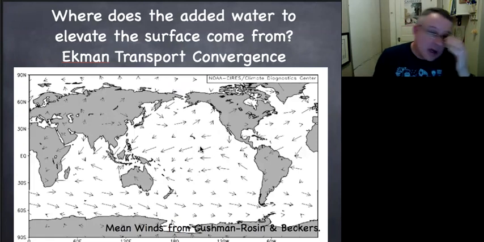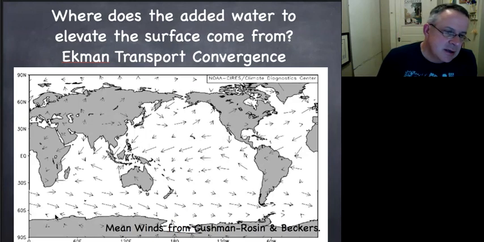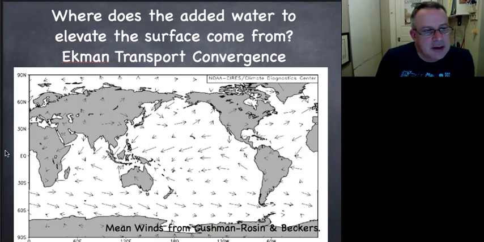This is a map with a very coarse representation of a very old-fashioned wind stress map, but it's nice because the arrows are nice and big, so you can see the mean wind direction here in the Southern Ocean tends to go from west to east. And here at the equator, it tends to go from east to west. And here in the northern hemisphere, around 40, it goes from west to east.